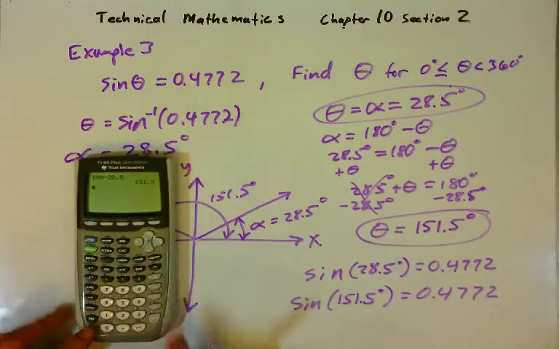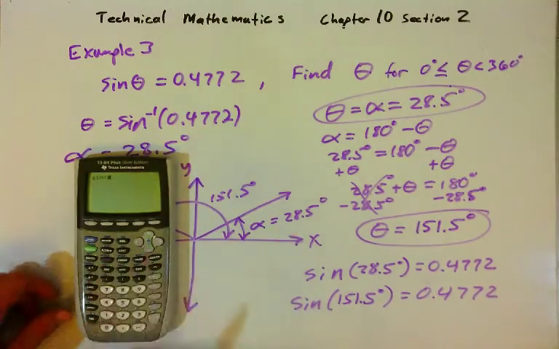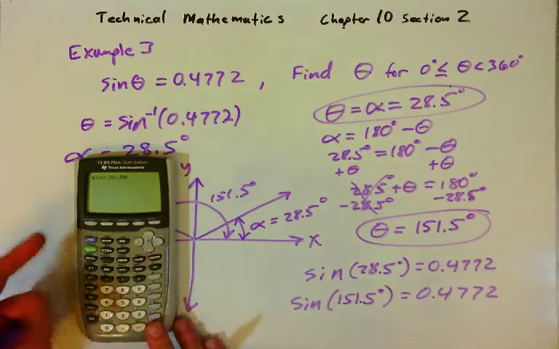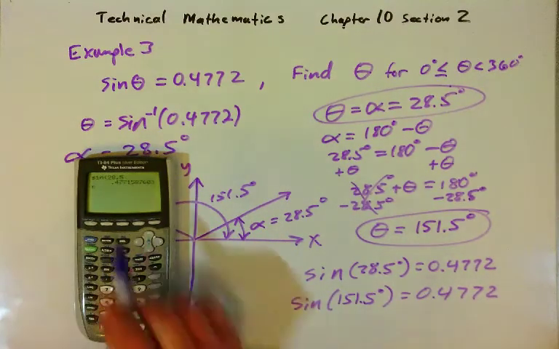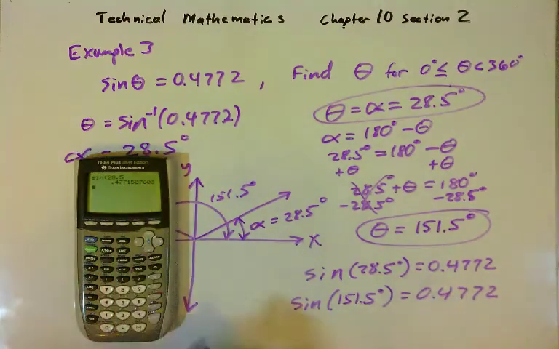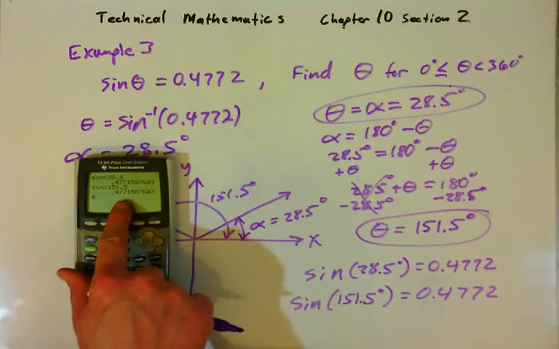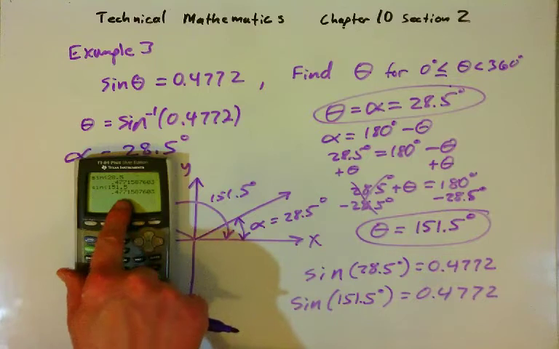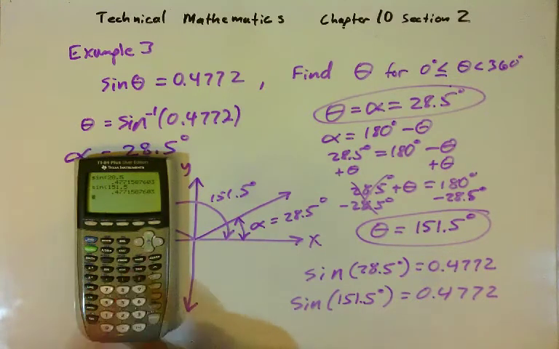And so let's check our answers. The sine of 28.5, and I rounded my answer, is 0.4772 rounded, and so that's correct. But the sine of 151.5 is also 0.4772. So anytime you're using your inverse trig functions, you have to be aware that you're always going to get two possible answers.